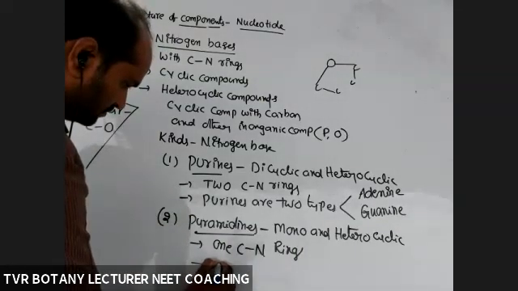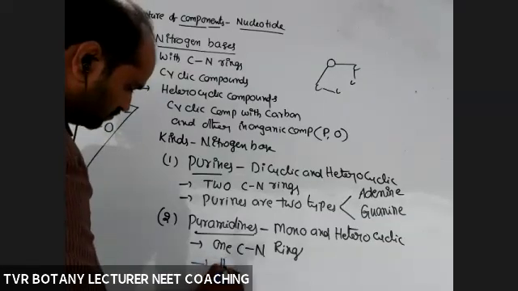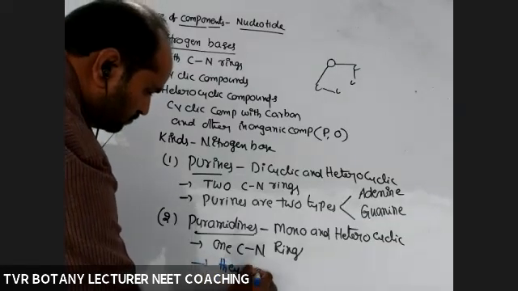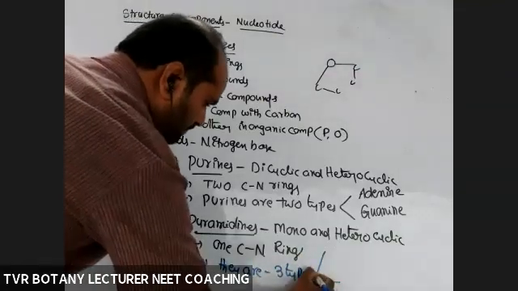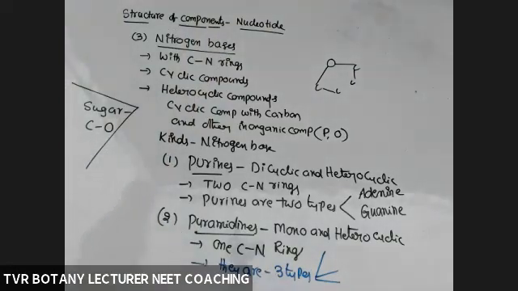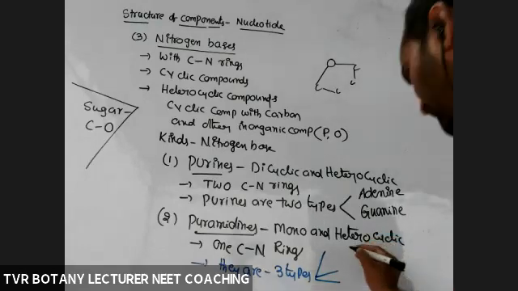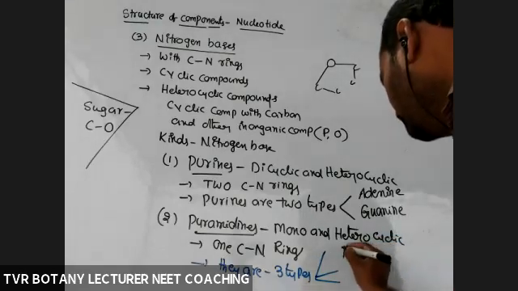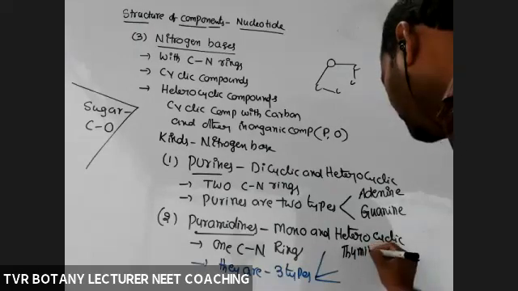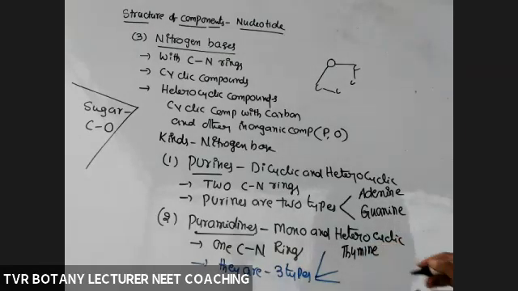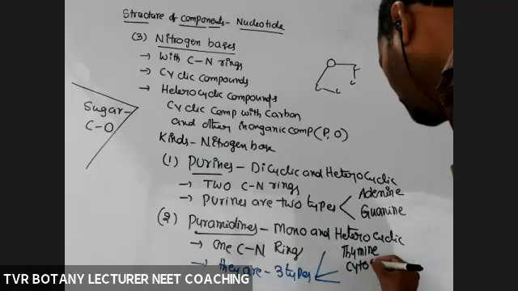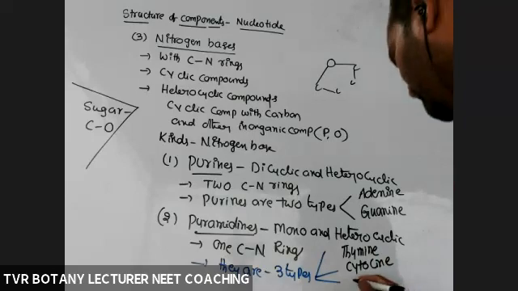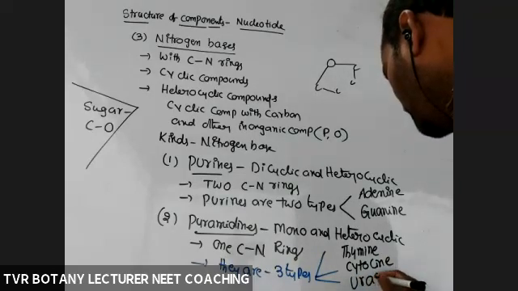These are pyrimidines. They are three types. What are the three types of pyrimidines? One, thymine. Next, cytosine and uracil.